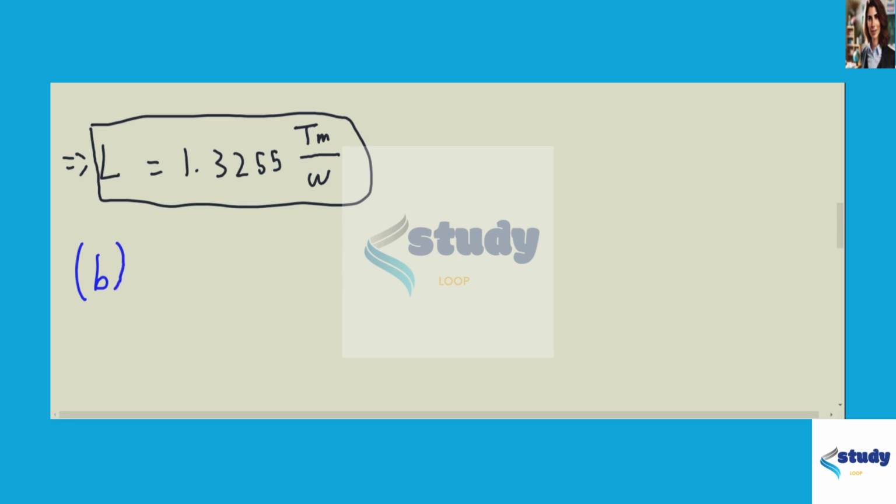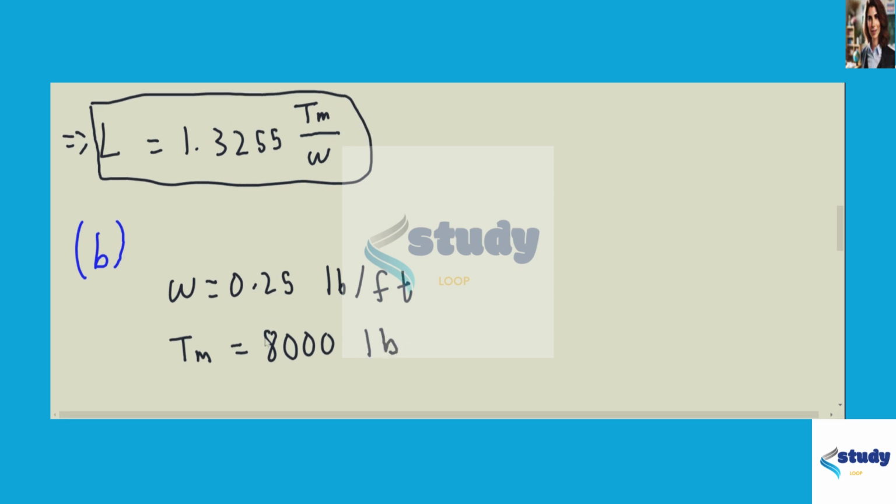So we're given a weight per unit length of 0.25 pounds per foot. And then we're also given a tension that's equal to 8,000 pounds. So we just use this equation and we plug in the given terms.